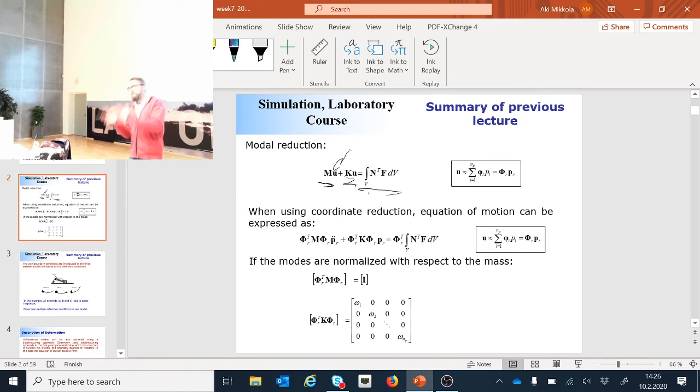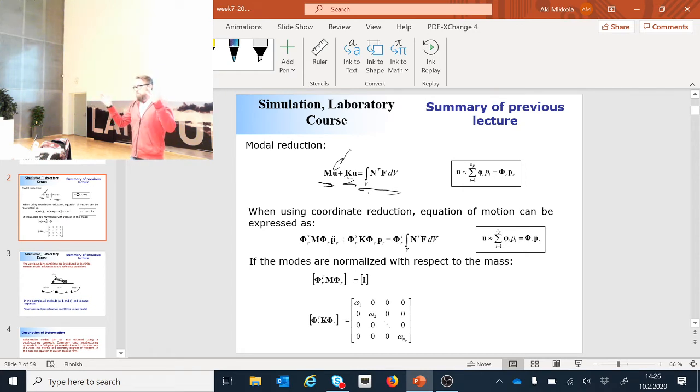The difference is that in modal coordinates, you're looking at certain assumed deformation modes of the entire structure, ways that the nodal degrees of freedom are moving with respect to each other. How much they move, that we don't know.